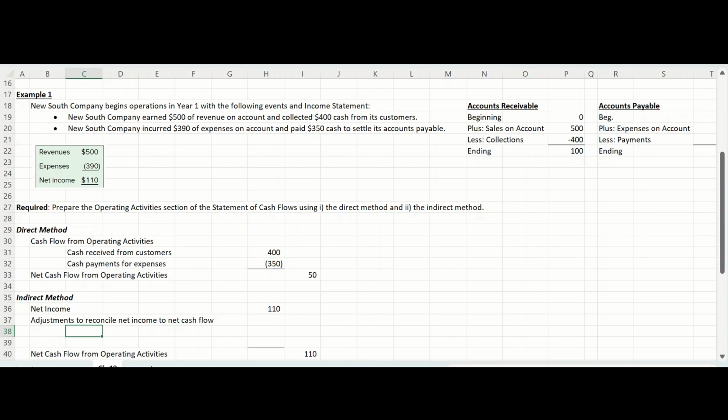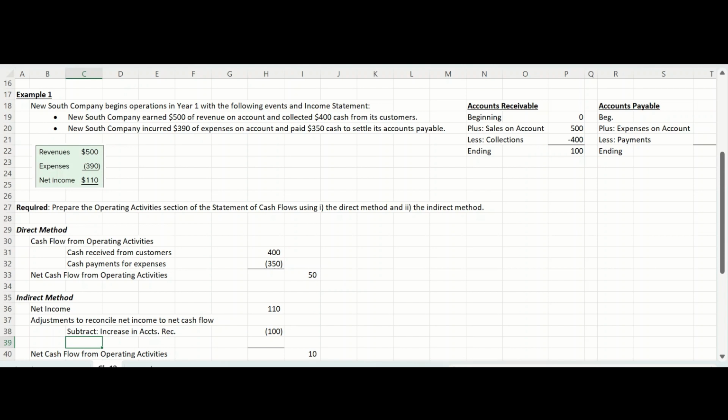And accounts receivable is a current asset, and we know that current assets have an inverse relationship with cash flows. So an increase in the current asset will be subtracted. So we are subtracting an increase in accounts receivable of $100.